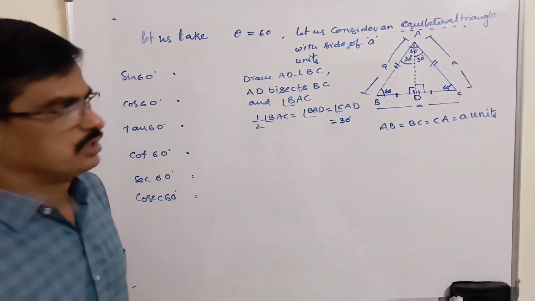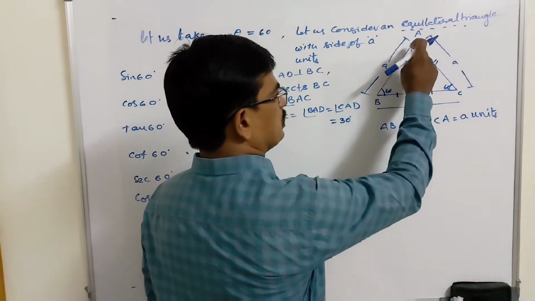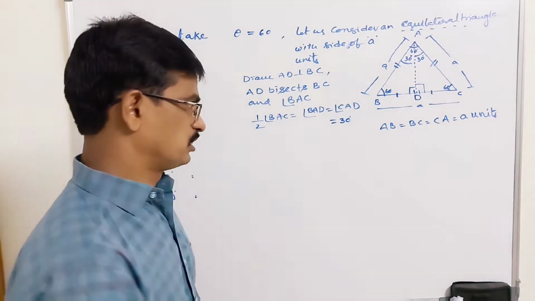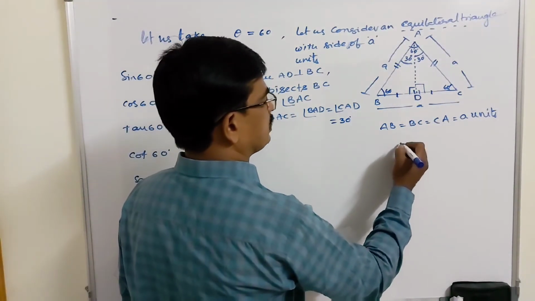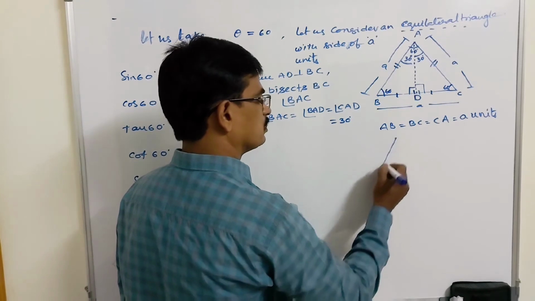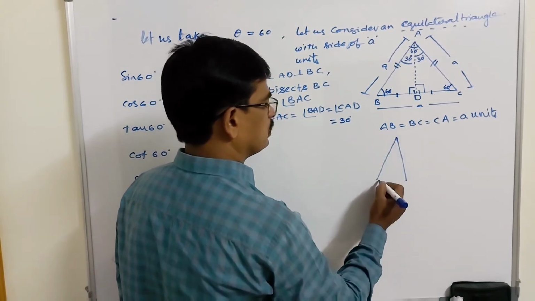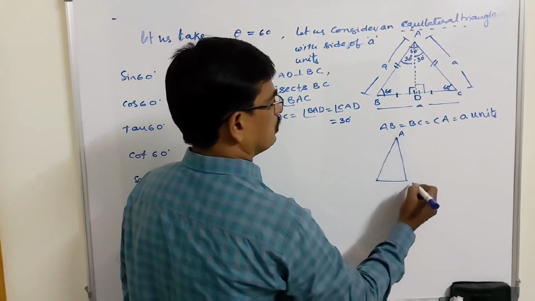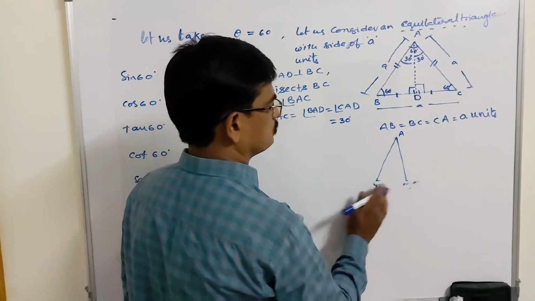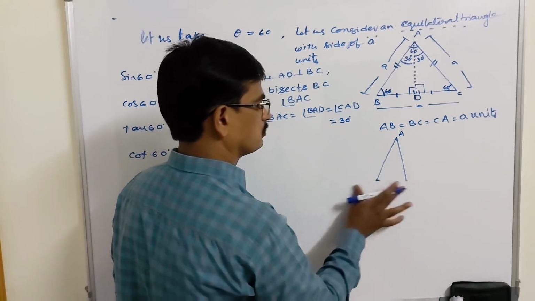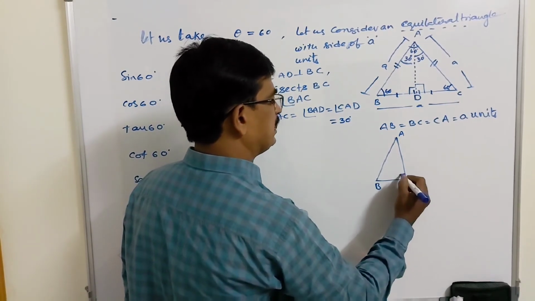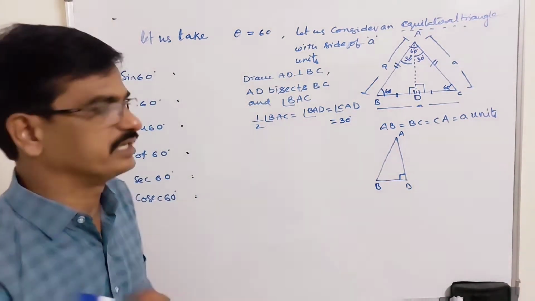Now you can choose any one of the triangles ABD or ACD. That's your wish. Now I am going to take triangle ABD. The angle at vertex D is 90 degrees.